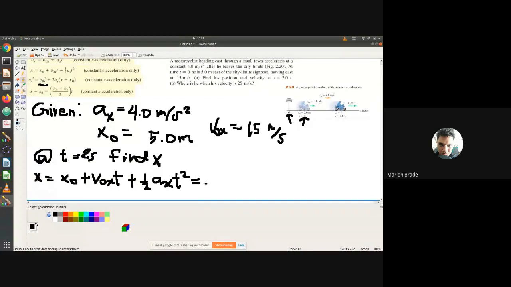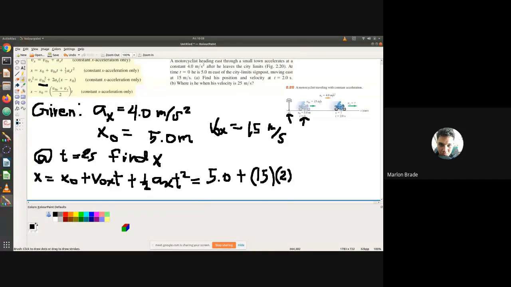So, okay? So therefore, solvable siya, right? Ang third equation, di mo siya magamit. Wala kabalo sa final velocity. Wala man gihatag ang final velocity. Ang gihatag kay initial position, ang acceleration, ug ang initial velocity. So, there's no way na magamit nimo ang third equation. Okay? So, ang x naught nako is 5.0 plus v naught x t is 15 multiply by 2.